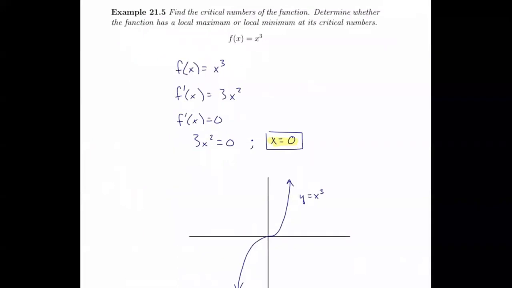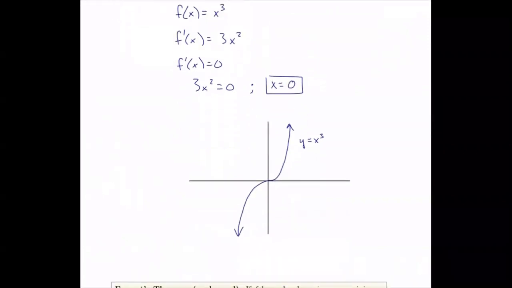All right. Now we determine with x equals 0 whether this is a local minimum or local maximum. Well, we'll have more tools later, but for now, luckily we just remember what the graph of f of x equals x cubed looks like. I already talked about it earlier in this video. It looks more or less like this. It has a point at the origin, in fact, that's x equals 0.